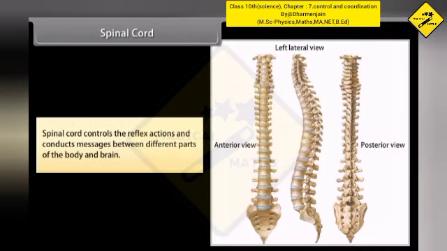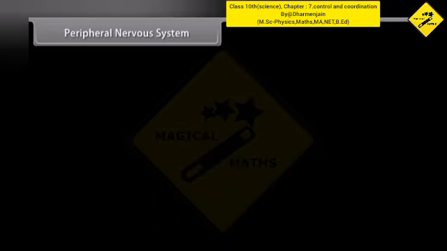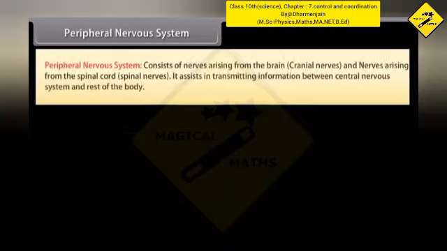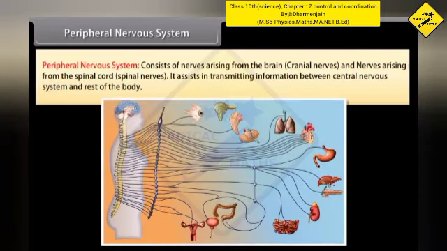The spinal cord controls reflex actions and conducts messages between different parts of the body and the brain. Peripheral nervous system. The peripheral nervous system consists of nerves arising from the brain, cranial nerves, and nerves arising from the spinal cord, spinal nerves. It assists in transmitting information between the central nervous system and the rest of the body.